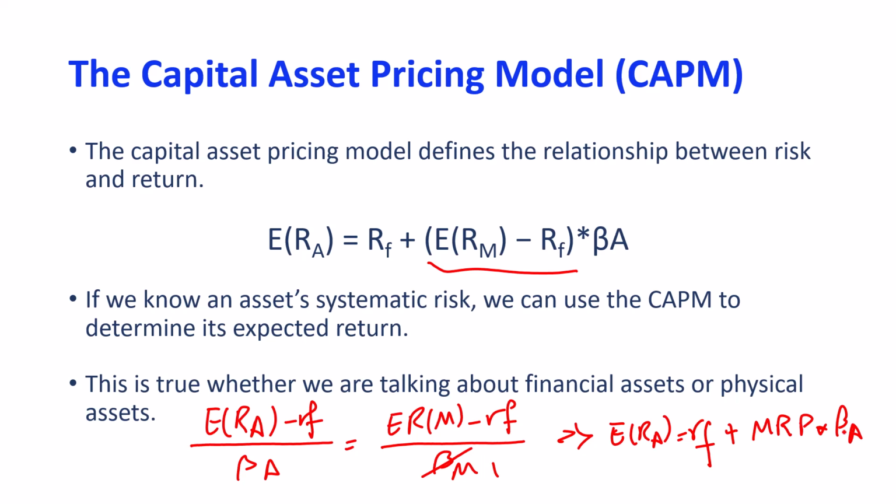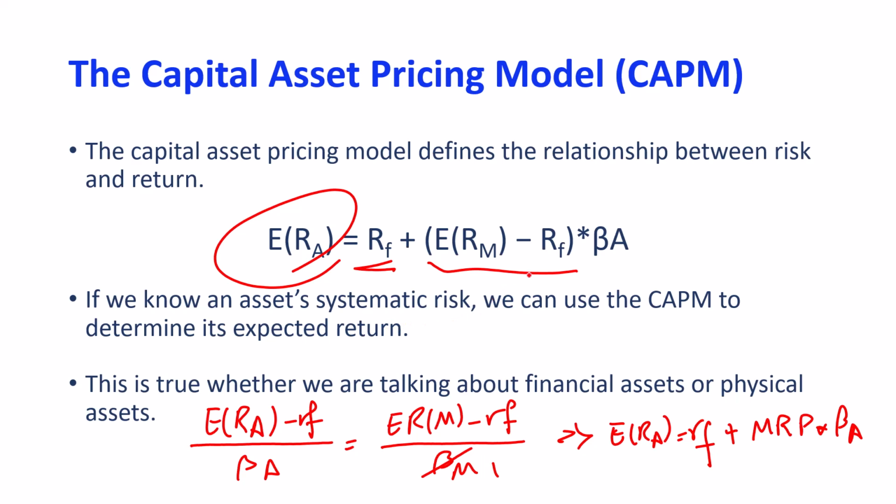So this capital asset pricing model shows that the expected return on any particular asset depends on three things. One is the pure time value of money as measured by the risk-free rate. This is the reward for merely waiting for your money without taking any risk.